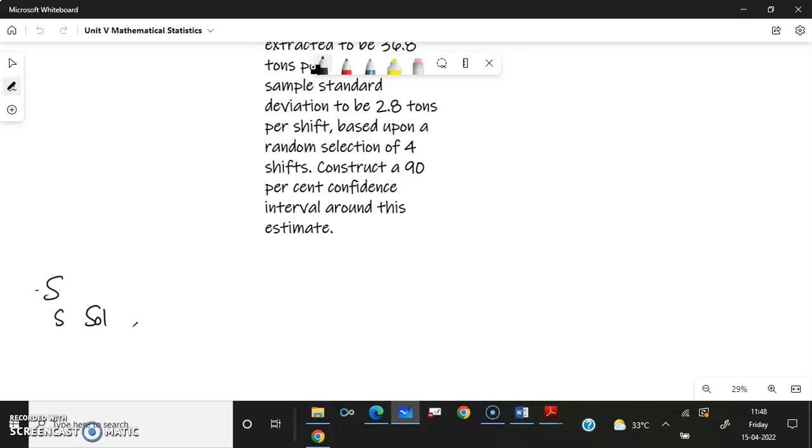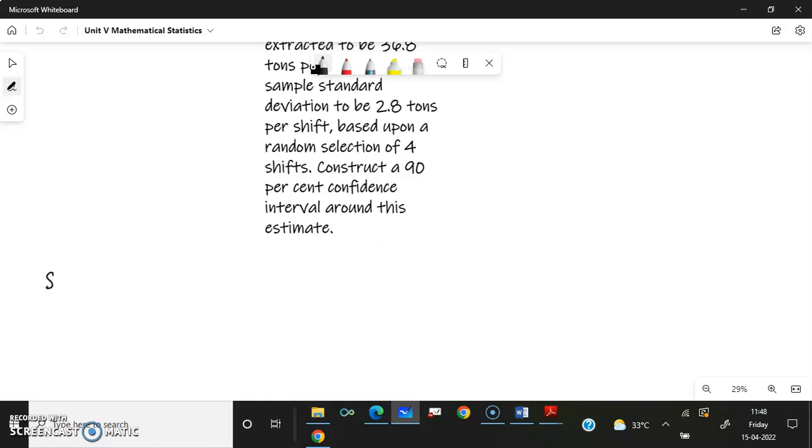What is the size of the sample? Here it is given as 4 shifts. Only the size of the sample is small, right? Because of this condition, whatever is given we'll take.